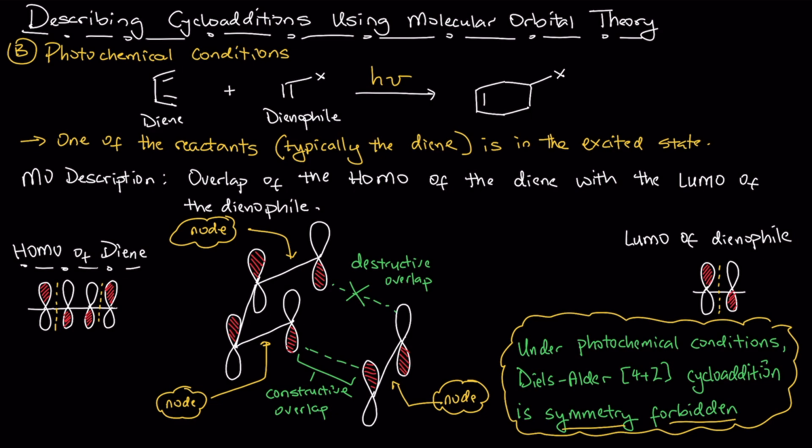And molecular orbital theory actually helps explain why we shouldn't expect to observe the Diels-Alder product under these conditions.